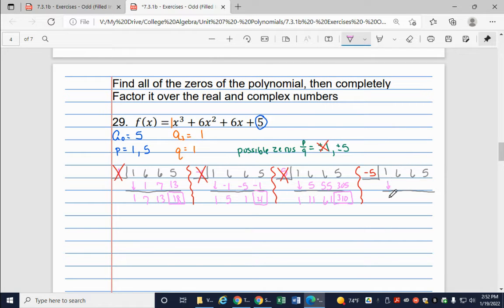My 1 comes down. -5 times 1 is -5. 6 minus 5 is 1. -5 times 1 is -5. 6 minus 5 is 1. -5 times 1 is -5. 5 minus 5, hallelujah, it's 0.